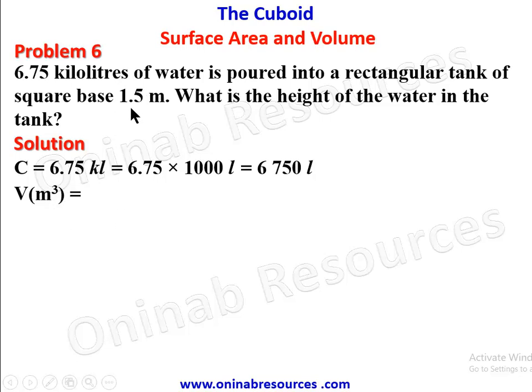We have to convert it to volume in cubic meters, because the base is given in meters. Now we divide the liters by 1000. So 6750 divided by 1000 will give us 6.75 cubic meters. And then from here, we need to calculate the base area, since volume is base area times height, and from there we'll be able to calculate the height.